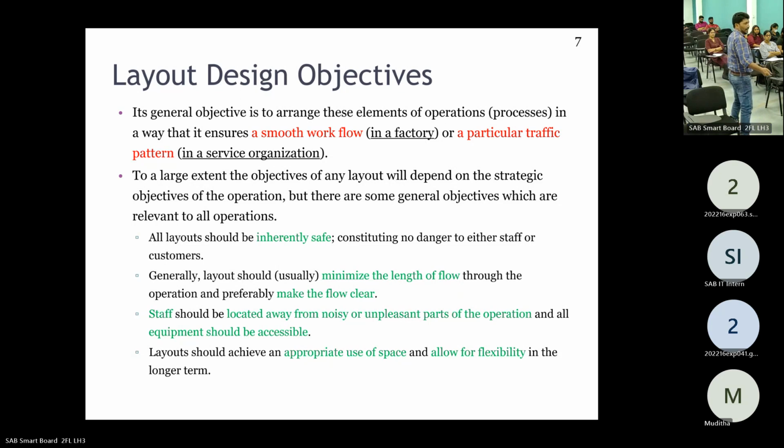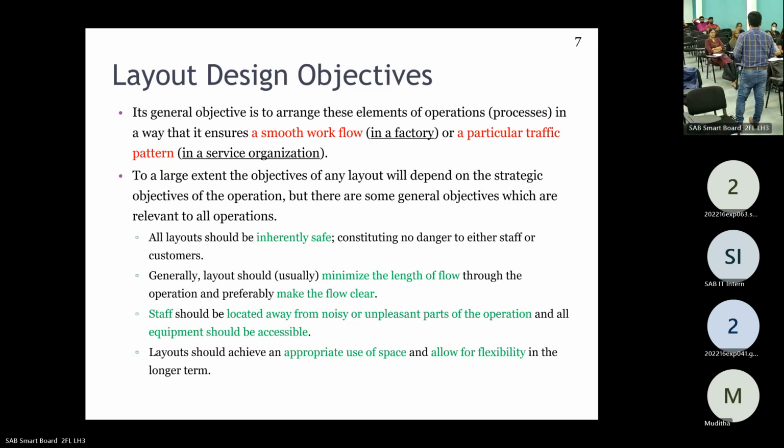It should utilize the available space to the maximum, so higher utilization. And of course, being able to adjust the layout according to the requirements, we call it flexibility. Likewise, there are different layout planning objectives to be considered, necessarily more than one at a time.